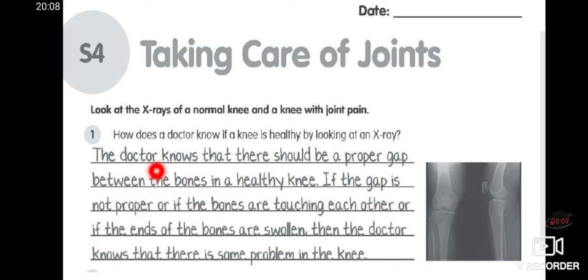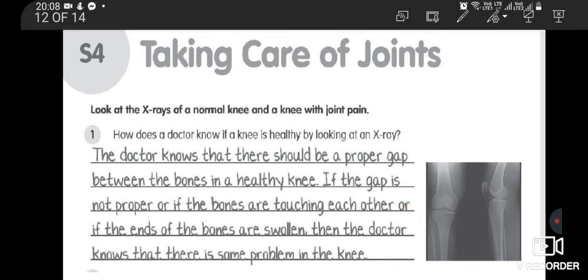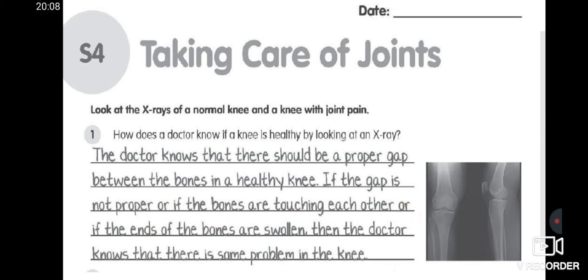The doctor knows that there should be a proper gap between the bones in a healthy knee. If the gap is not proper, or if the bones are touching each other, or if the ends of the bones are swollen, then the doctor knows that there is some problem in the knee.